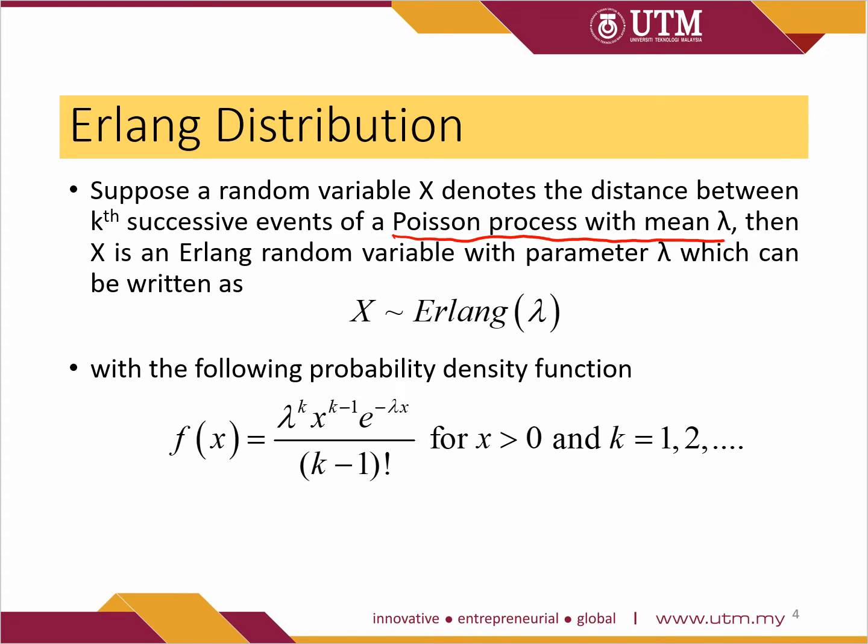And this is the probability density function for Erlang: lambda to the power of k, x to the power of k minus 1, e to the power of negative lambda x, over k minus 1 factorial, given that x is greater than 0 and k equals 1 up until infinity.